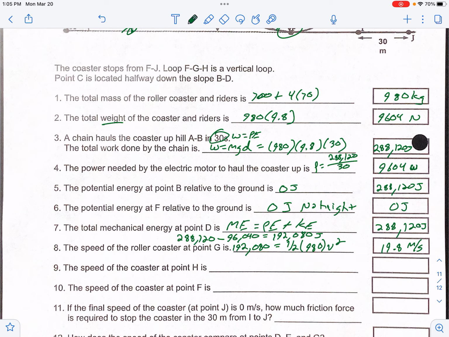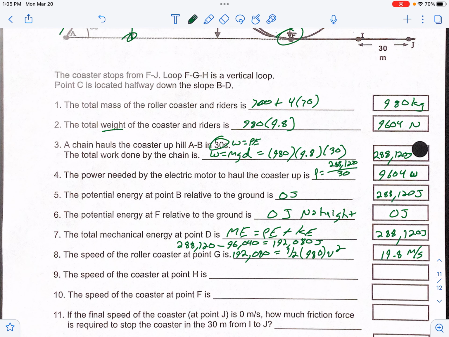Okay, so now I'm going to do the same thing I did in part 8. So I'm going to take that 288,120 minus 192,080 joules of potential energy. That means I've got 96,040 joules of kinetic energy, which should make sense.